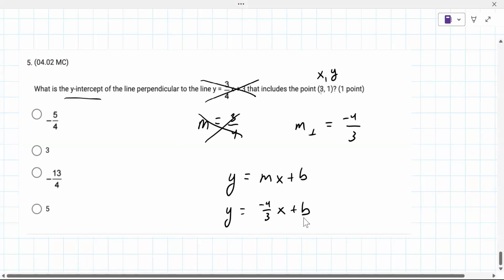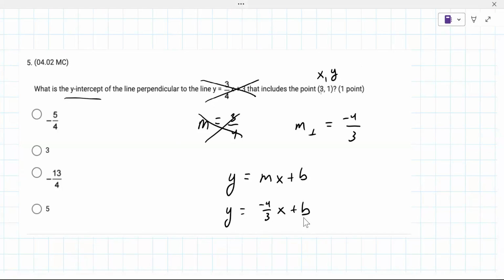-4/3 times 3 plus b equals 1, so plus 4 on both sides. That would be 5 equals b.